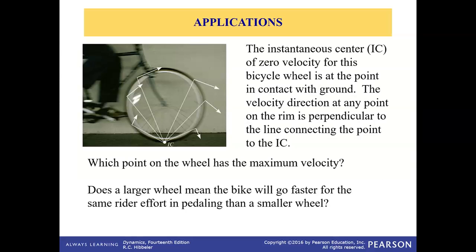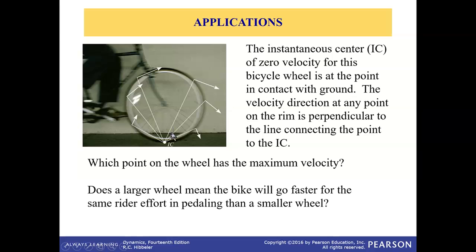Application. The instantaneous center of zero velocity for this bicycle wheel is at the point in contact with the ground. The velocity direction at any point on the rim is perpendicular to the line connecting the point to the IC. Which point on the wheel has the maximum velocity? And the answer is the topmost point, because all these points have the same value of omega, and velocity is the product of omega and r.